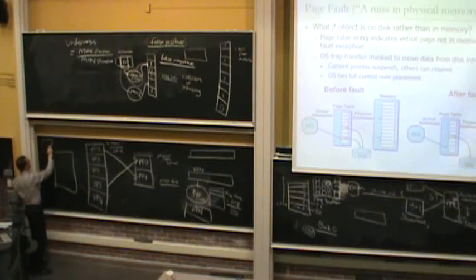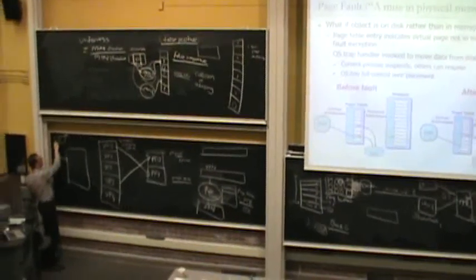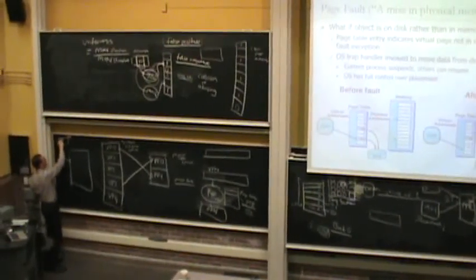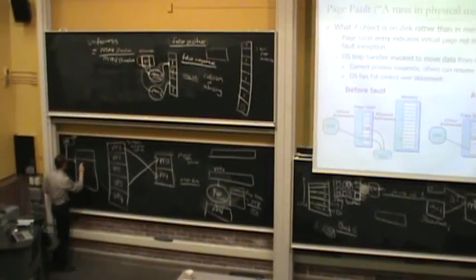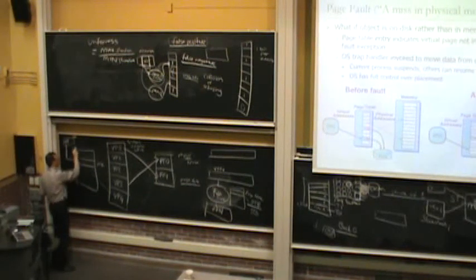So you get a virtual address, and some number of bits in the address tell you the virtual page number. Using that, you index this page table. The page table entry contains a bit saying whether the entry is valid or not.